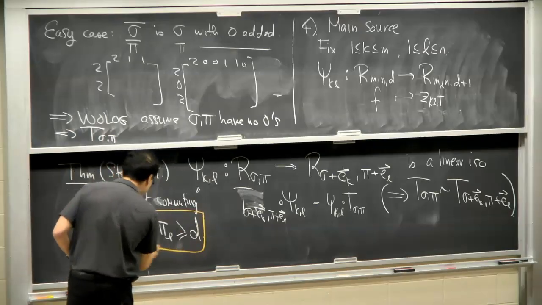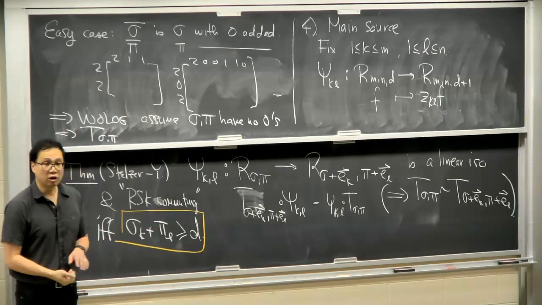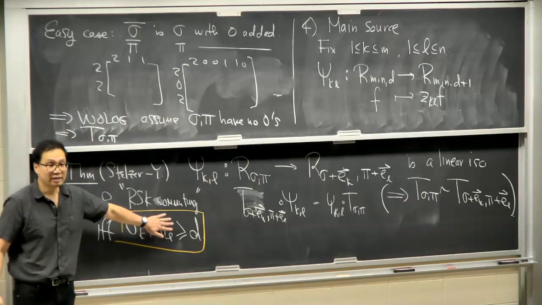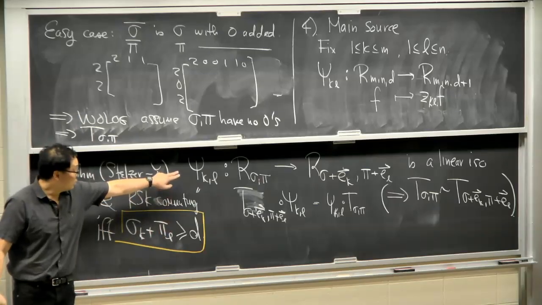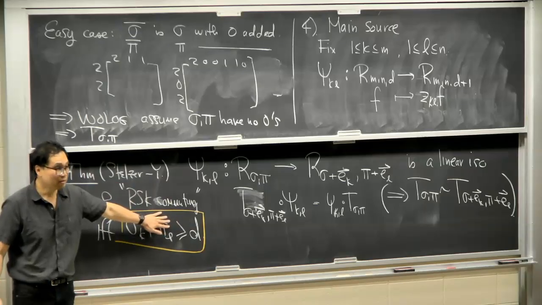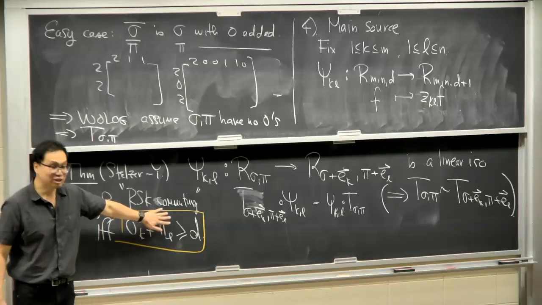In fact, let me just pause to remark that if this statement was true without the orange condition, then that would be equivalent to saying that the RSK is actually an algebra map. But it's not an algebra map.